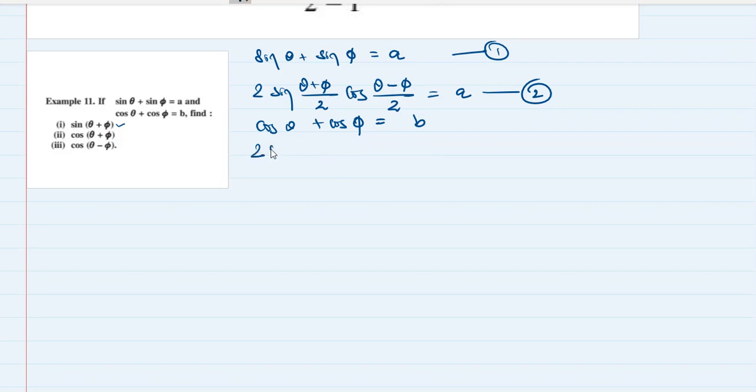So 2 cos (C plus D) by 2 cos (C minus D) by 2 is equal to B. I'm going to name it as equation number 3, and this is your equation number 4.